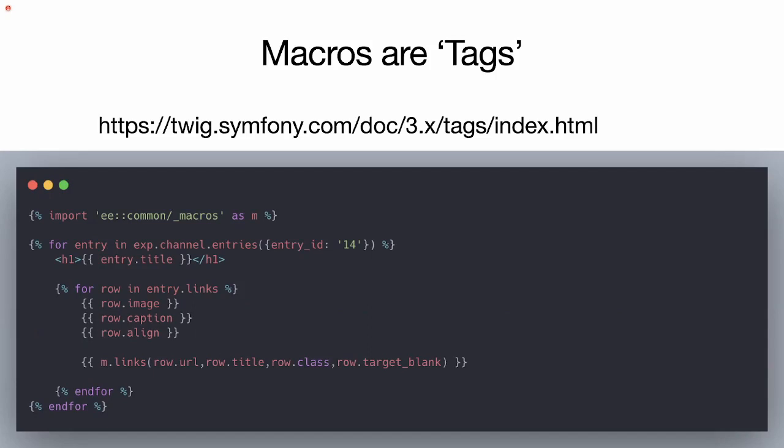But someone else was just putting them in an EE entry. And I like that a lot, actually, for this one. I like to keep things in one place. I don't know, there are good pros and cons of doing it either way. But in this case, I put it in an entry and I call it globals and I put like everything in there.